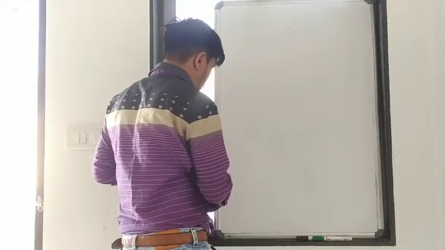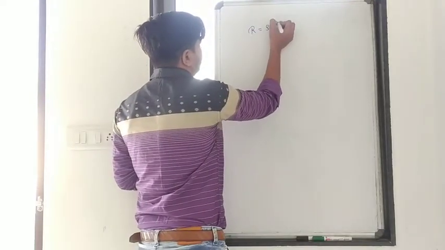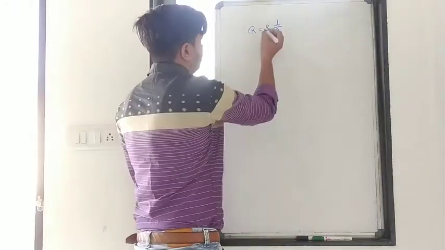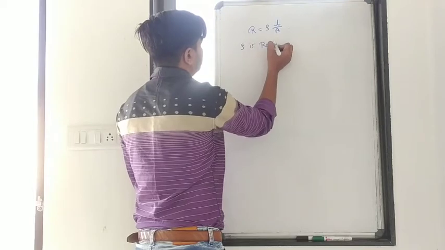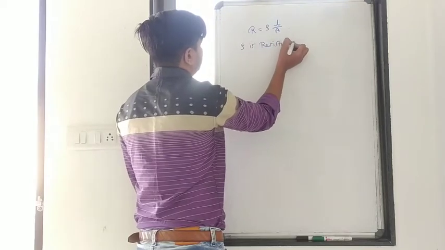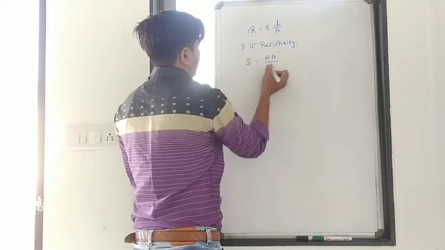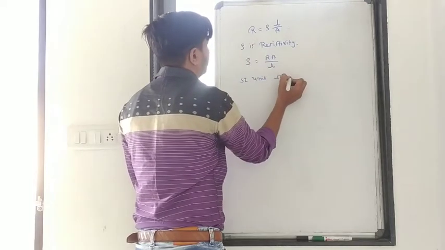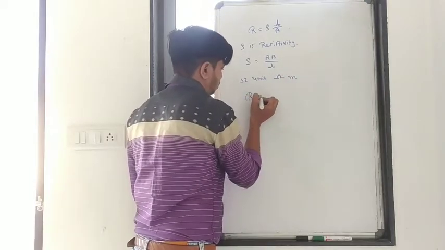Another equation for R is R is equal to rho L upon A, where rho is resistivity. From there, rho is RA by L, and the SI unit is ohm meter.